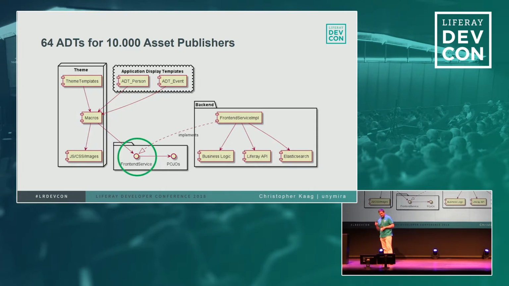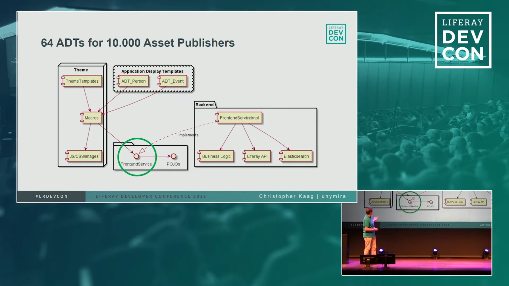Secondly, one further step, we did intend to use this front-end service and ended up using it. This front-end service is just an OSGi service that is used by the front-end, but it's actually the only OSGi service the front-end is using. This allowed us to split our team into two parts.